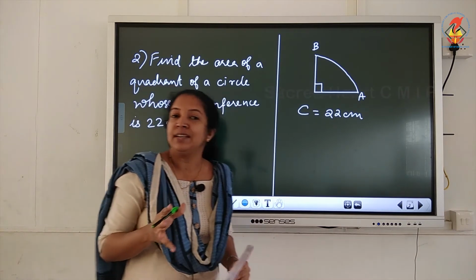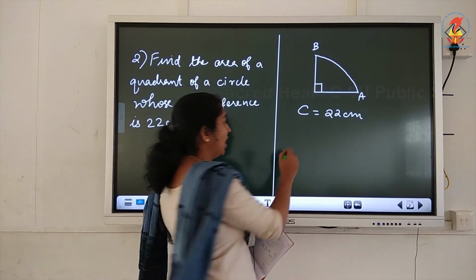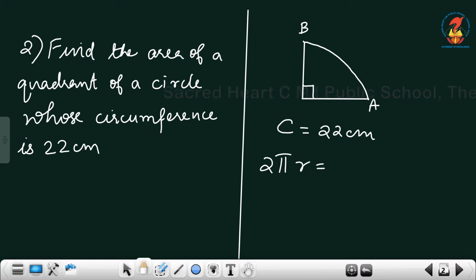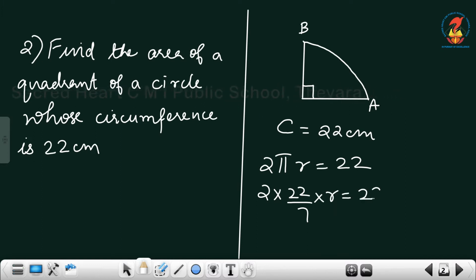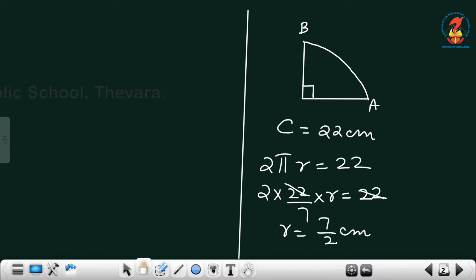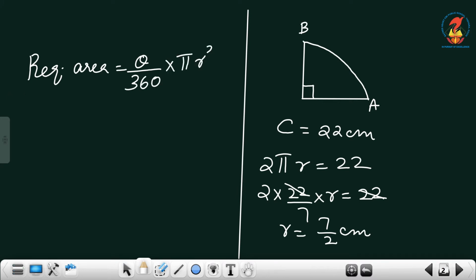What is the formula to find the circumference? 2 pi r. 2 pi r is equal to 22. So 2 into 22 by 7 into r is equal to 22. Cancel both these 22s and r is equal to 7 by 2 centimeter. So the required area is equal to theta by 360 into pi r square.